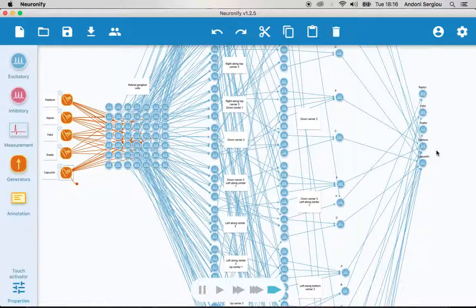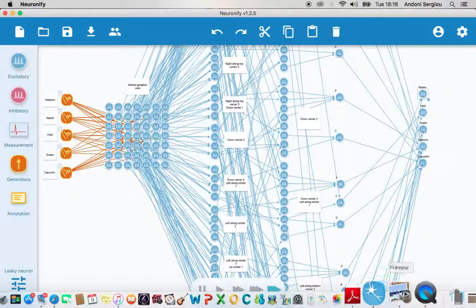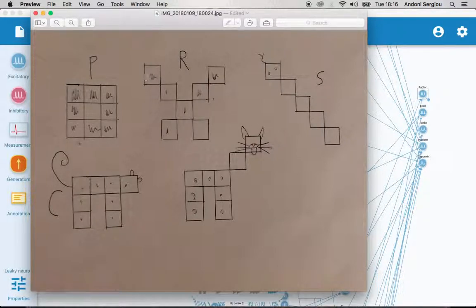So this would be coding for categories of phenomena. So we've got raptor here. If there's a raptor signal, which, remember, was the wings and the talons, if this kind of pattern appears on the retina, we'd expect this neuron here to be activated.